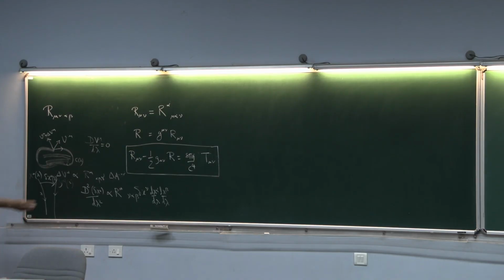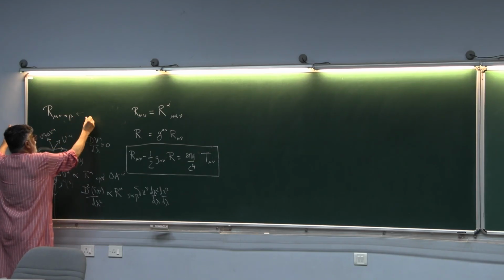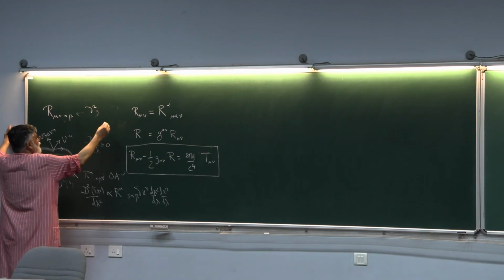So the Riemann tensor is constructed out of the second derivative of the metric as well as quadratic terms.